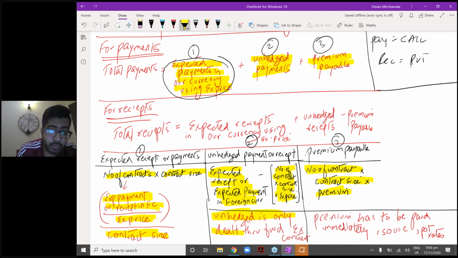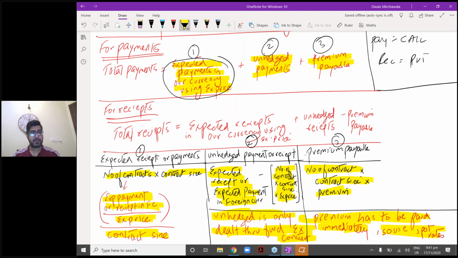So unhedged is only dealt through forward exchange contract, because in a forward exchange contract there is nothing as such a standardized contract size. You can hedge a petty amount as well. And one thing you need to remember for premium is that in an options contract, premium has to be paid immediately now. Immediately means you need to use spot rates.